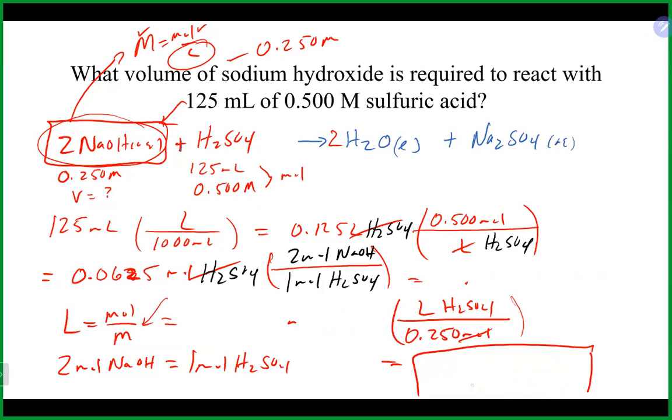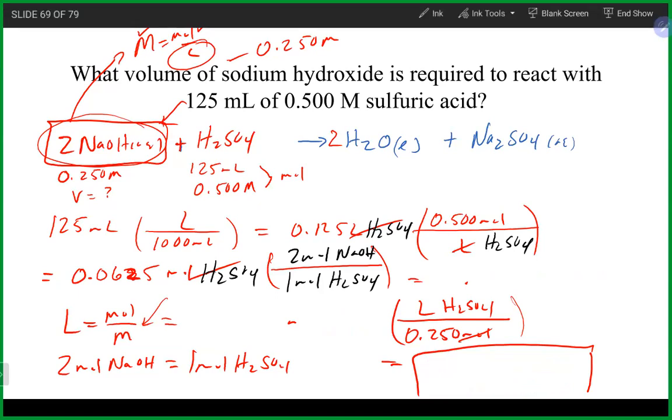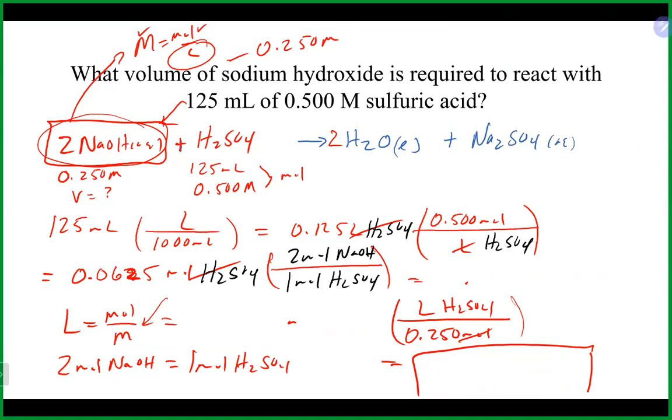All right, so let's see. That will get us 0.0625 times 2 gives us 0.125 moles of sodium hydroxide, as the sulfuric acid will cancel.